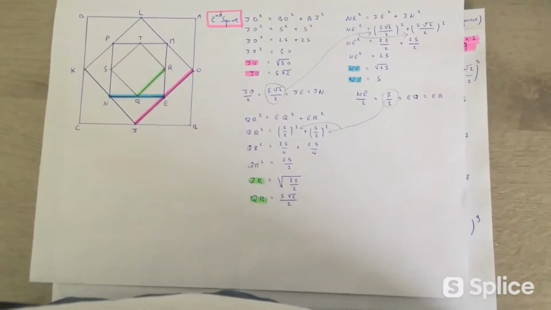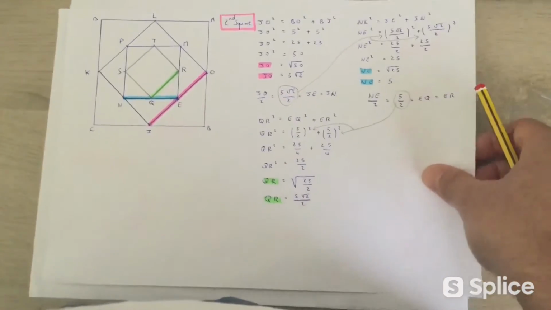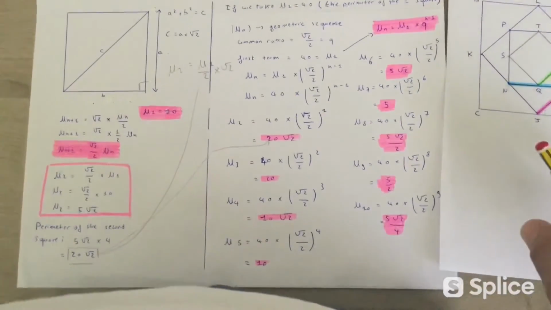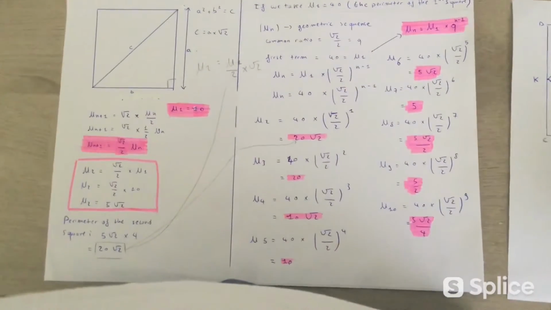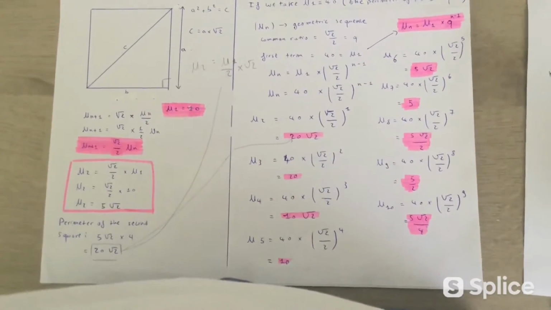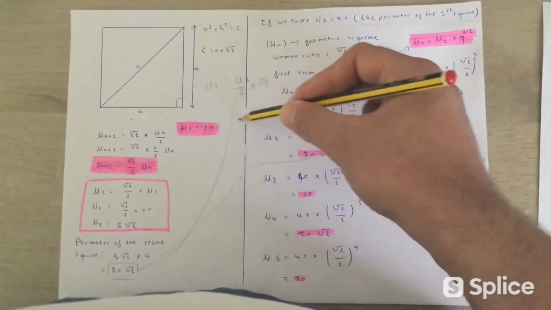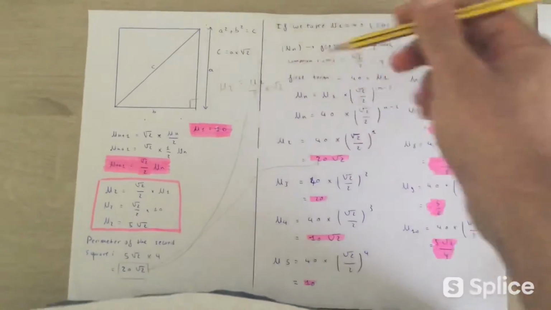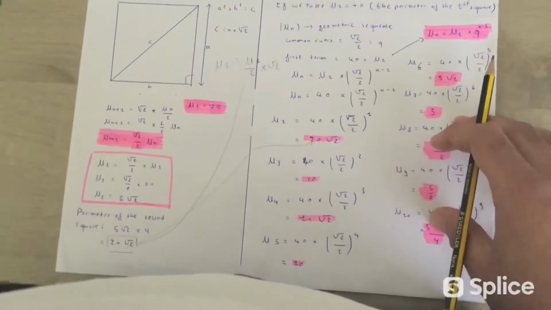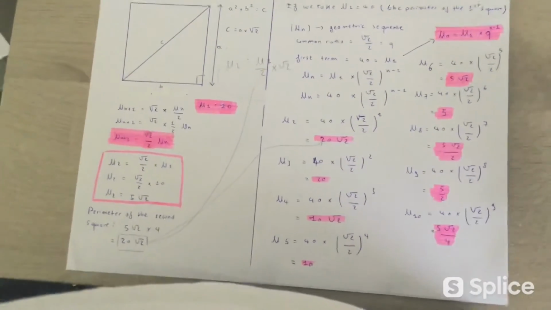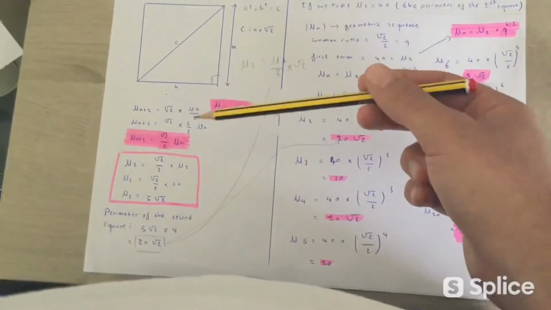I decided to express the A as U1, so the side of the first square, which is 10 centimeters. As U2 equals U1 divided by 2 times the square root of 2 here, I simplified this to U2 equals U1 times the square root of 2 divided by 2, like here.